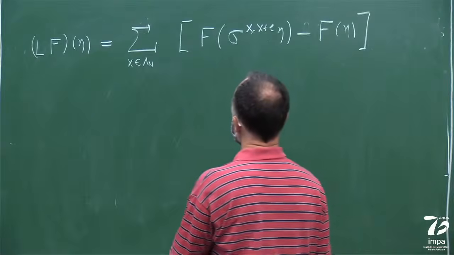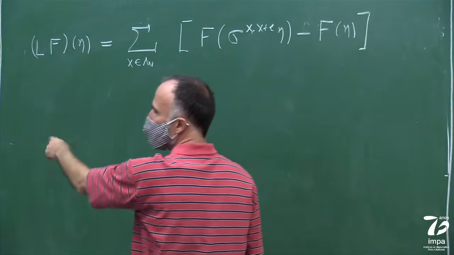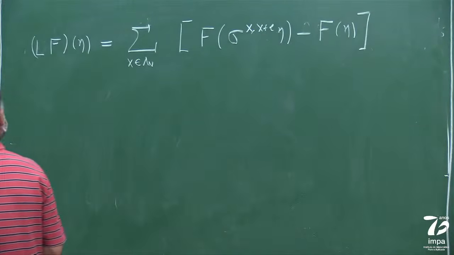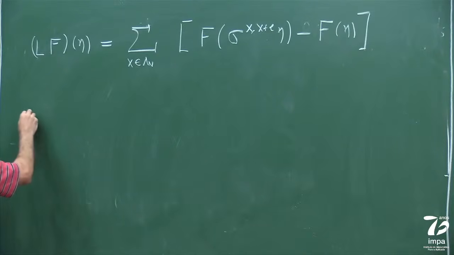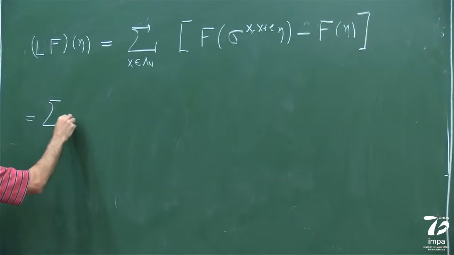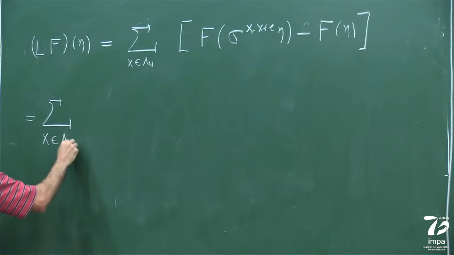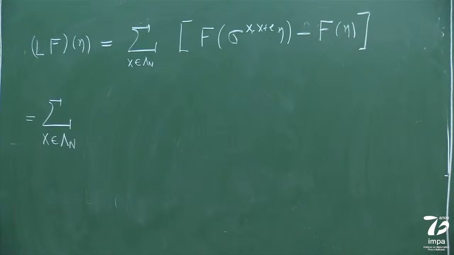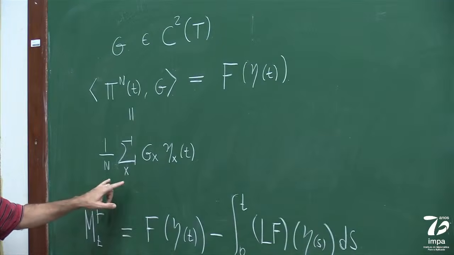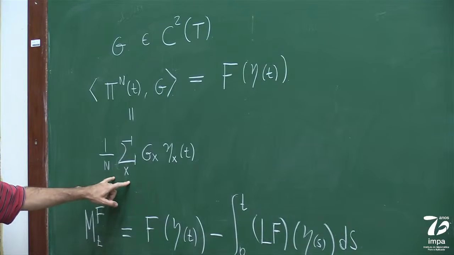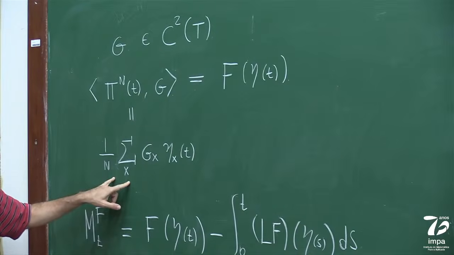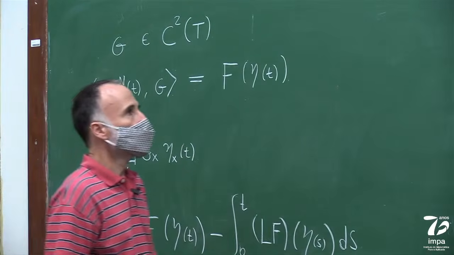So I just replace f by that function. So I have a sum of x in lambda n. Now f is this function, and I'm computing this function at sigma x, x plus e of eta. Okay?